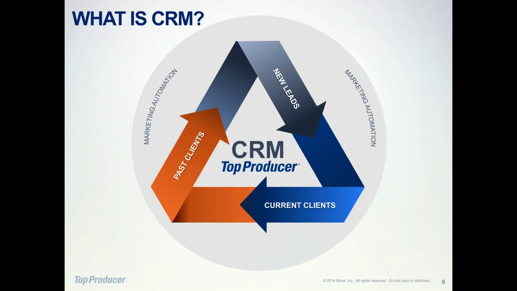A CRM, the acronym for Customer or Client Relationship Management, is about being able to manage those individuals through the various stages of that relationship. And I think managing through the stages is the key. No one stays as a lead forever. No one stays as a current client forever. And hopefully no one stays as a past client forever, because you want to turn them back into a repeat client.